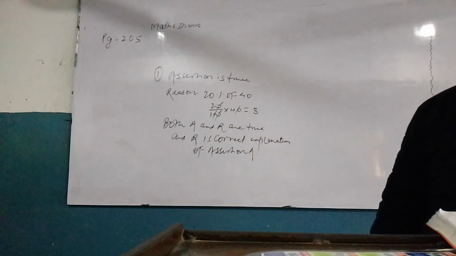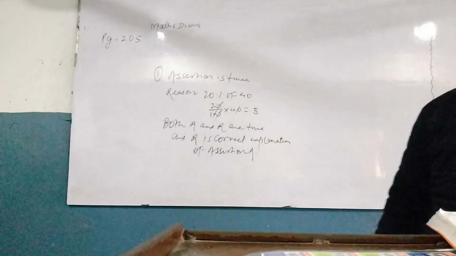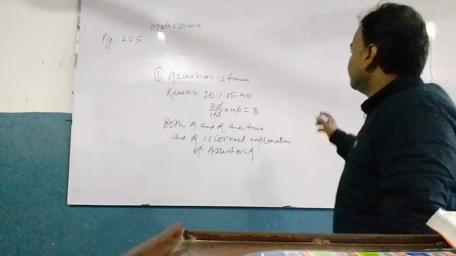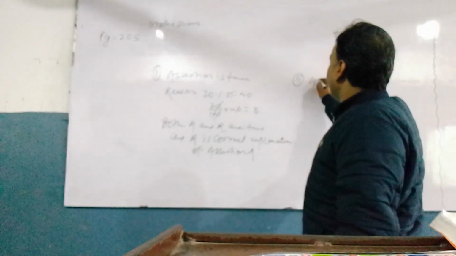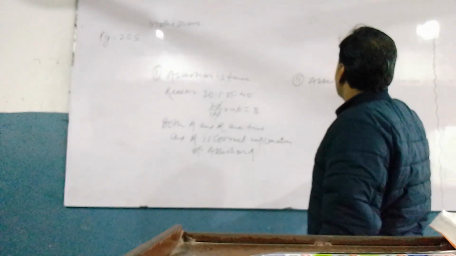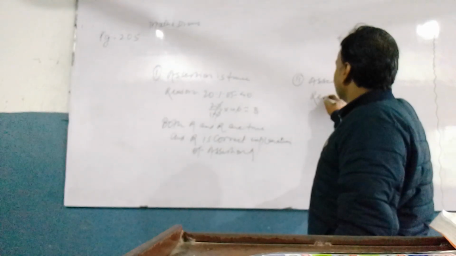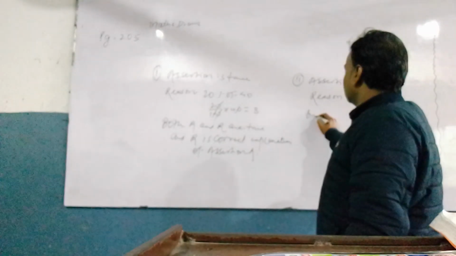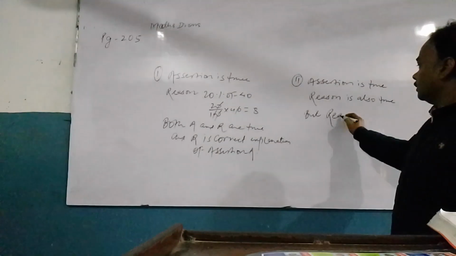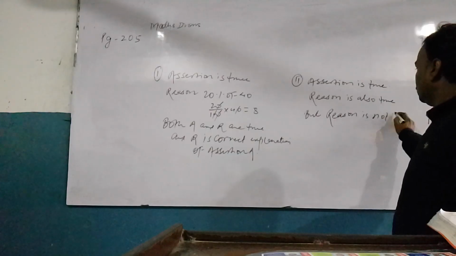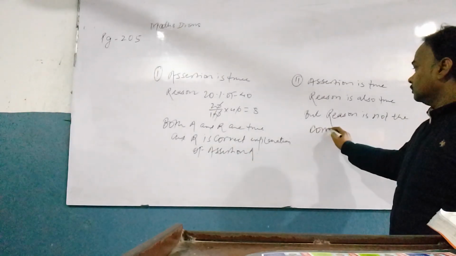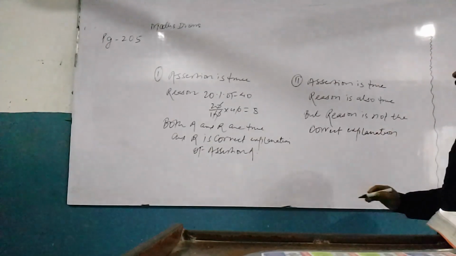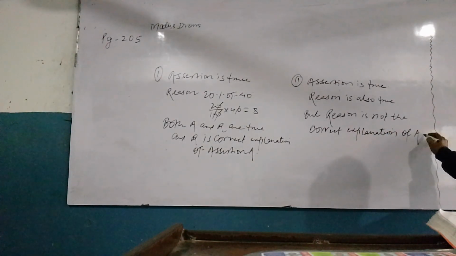So both A and R are true, but R is not the correct explanation of assertion A. Clear?